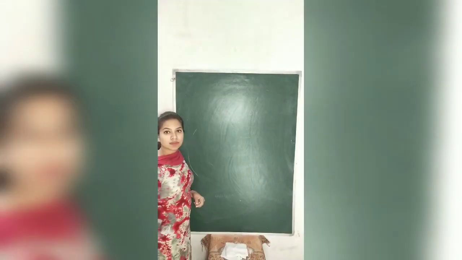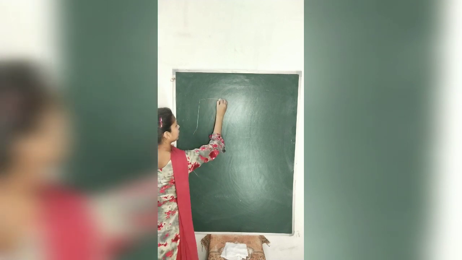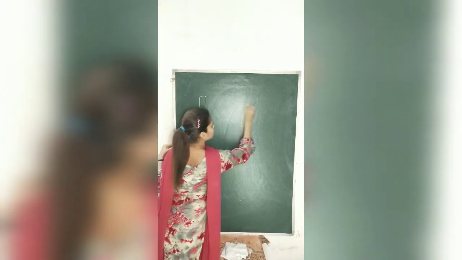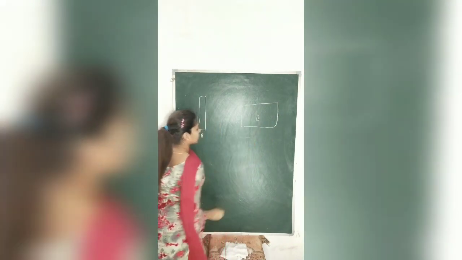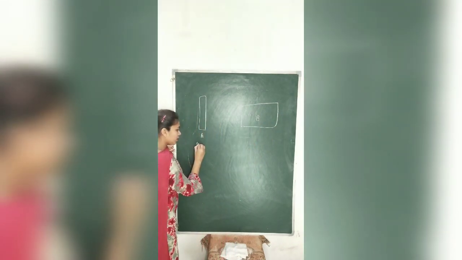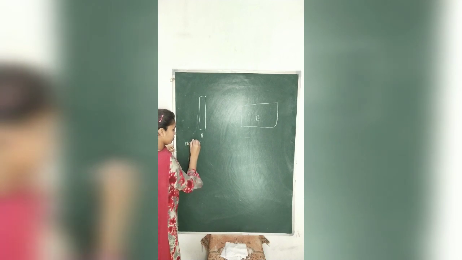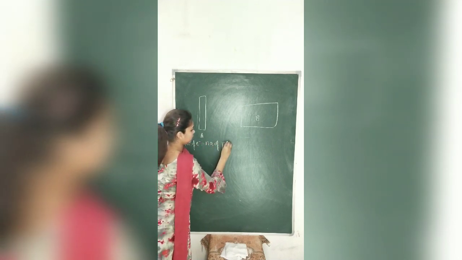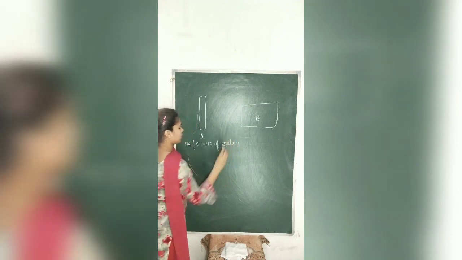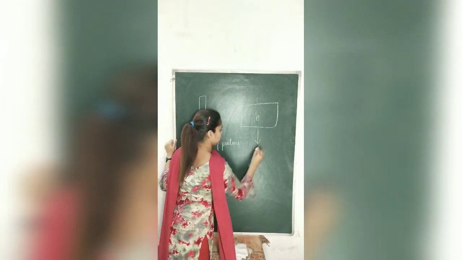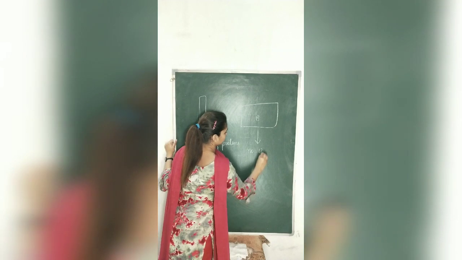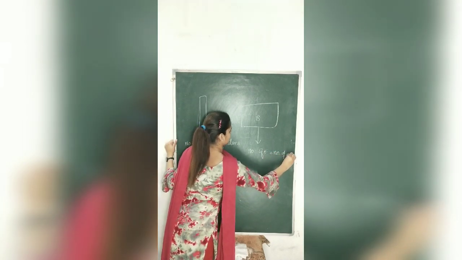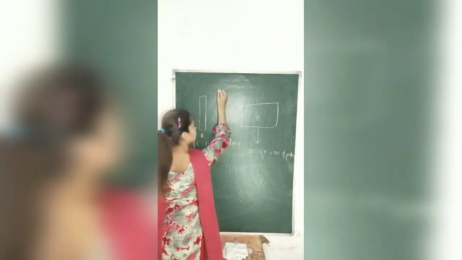So like this is body A, this is body B, having an equal number of electrons and an equal number of protons. Now this body again has an equal number of electrons and an equal number of protons initially.